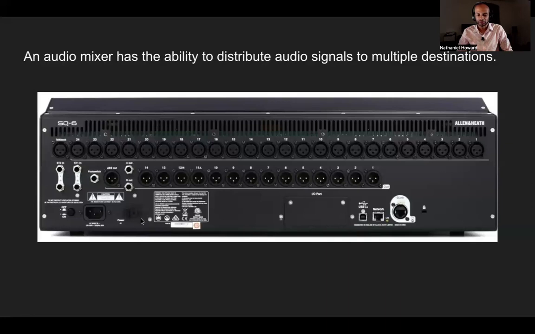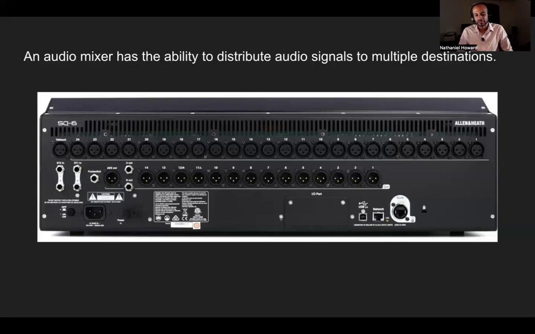Skip over to AES output. AES output allows a digital signal to be sent. A certain amount of channels can be sent across this as well using an XLR cable.